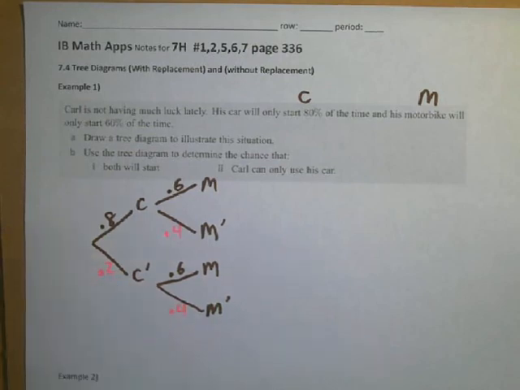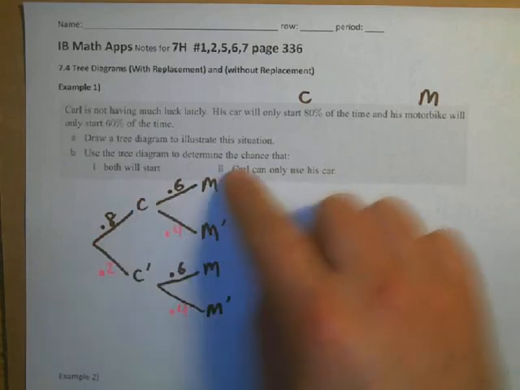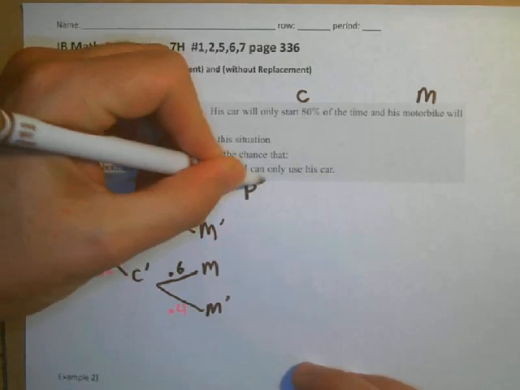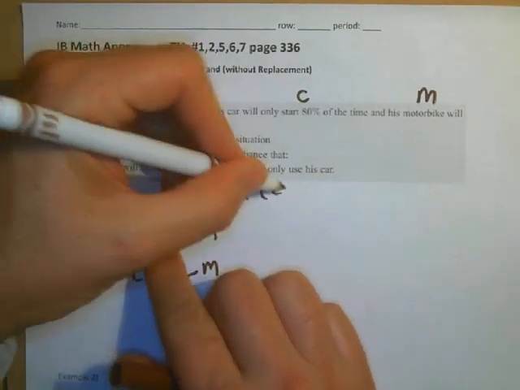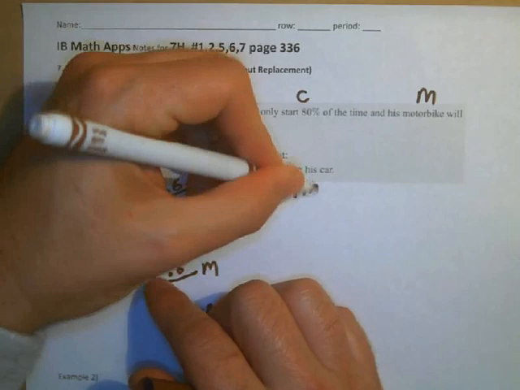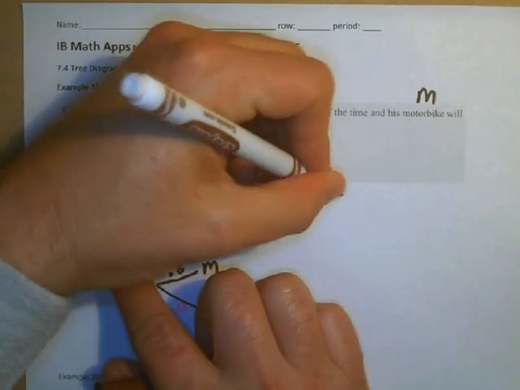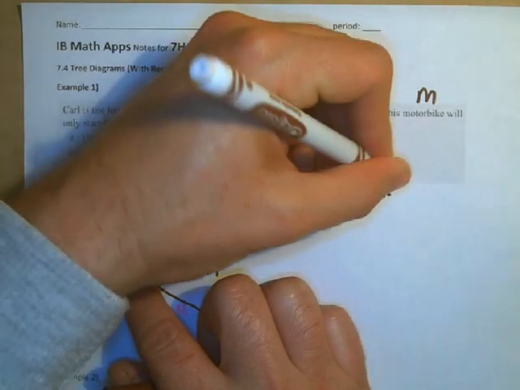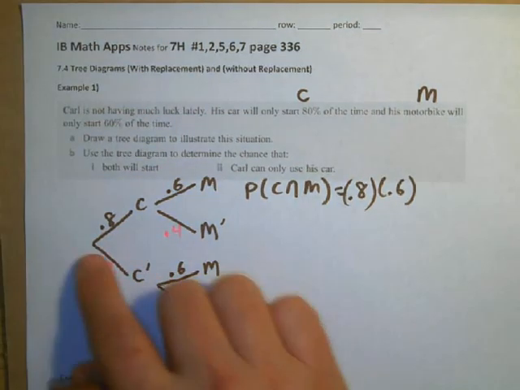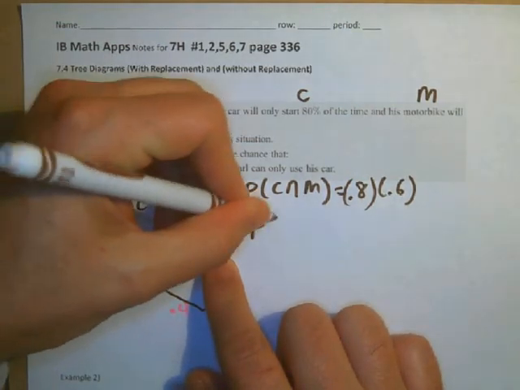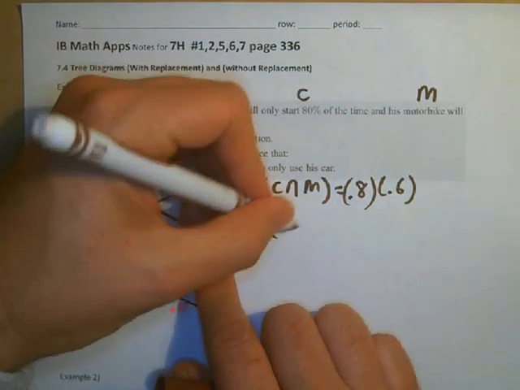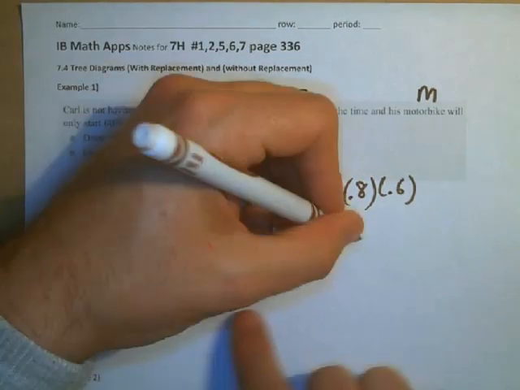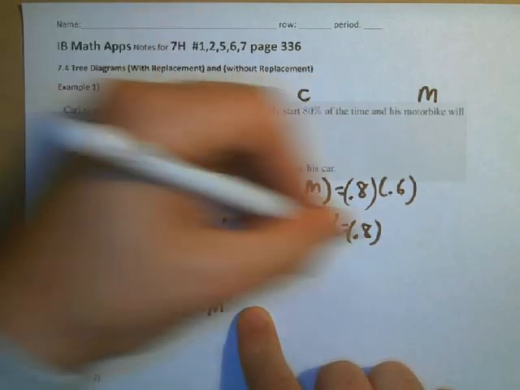Okay, so how many different ways are there? There's this way, this way, this way, and this way. So I could do the probability of car intersection M, and that would be 0.8 times 0.6. I could go this way, the probability of the car intersection M prime, which is 0.8 times 0.4.